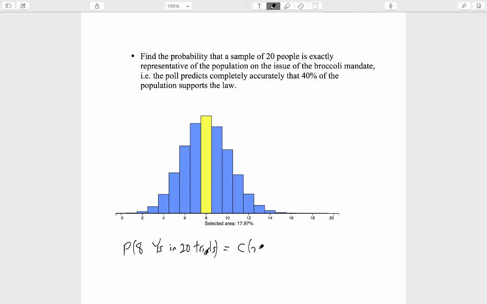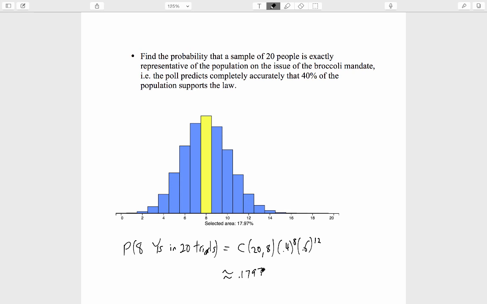The binomial probability model tells us to compute 20 choose 8 times 0.4 to the 8th, 0.6 to the 12th. These exponents now have to add up to 20 because that's the number of trials. This is approximately equal to 0.1797, a little under 18%. So this is less than what we found when we were sampling 10 people.